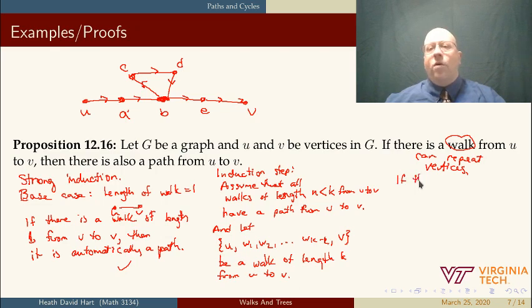If this walk does not repeat vertices, then it is a path from U to V, and we're done.